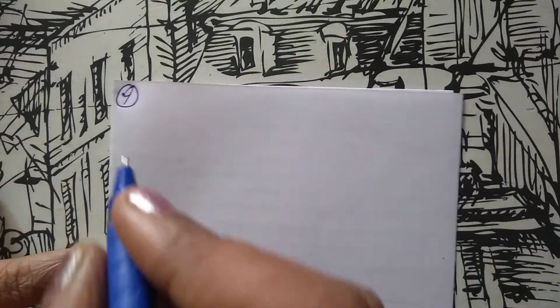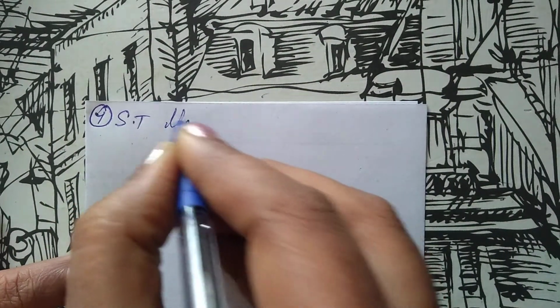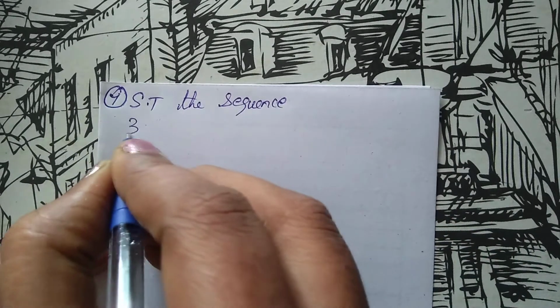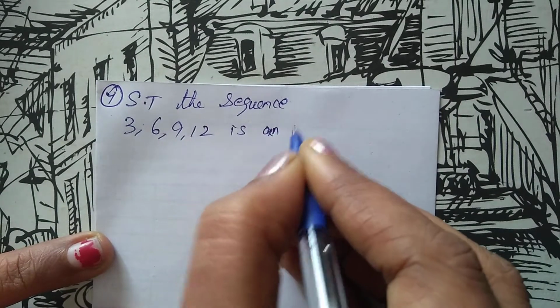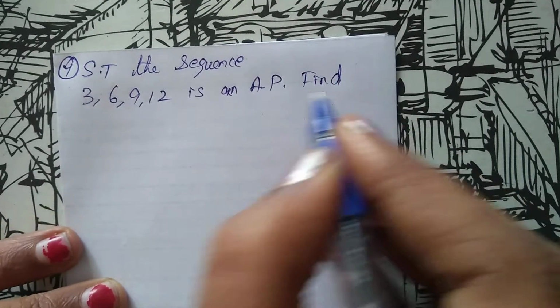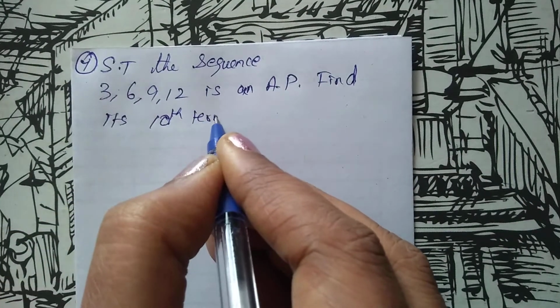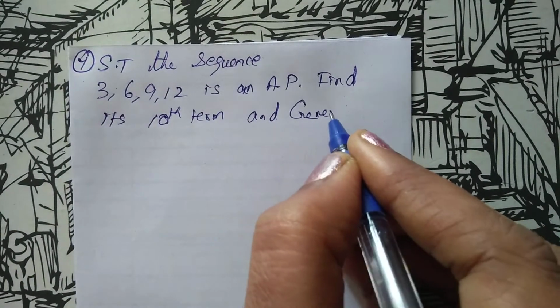Show that the sequence 3, 6, 9, 12 is in AP. Then we have to find its 10th term and general term.